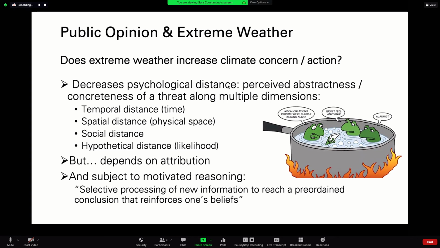There are many studies looking at, for example, even temperature perceptions by farmers who believe in climate change or don't believe in climate change, and they report very different estimates of recent temperature patterns. Even people who experienced flooding will report it in very different ways depending on whether they believe in climate change or not.